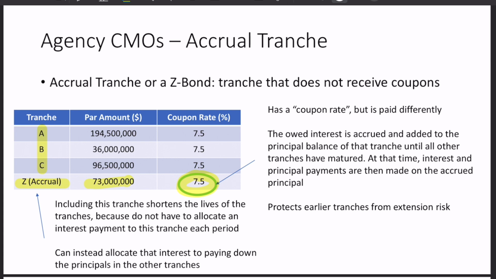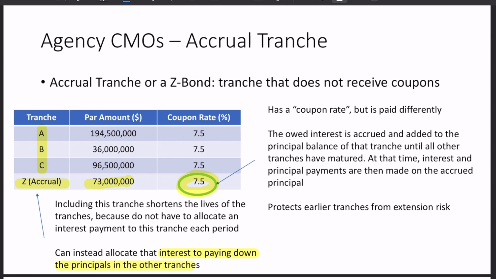So instead of actually receiving the 7.5% coupon each period, or interest, the par amount is going to increase by 7.5%. And where that interest is going to go is that interest is going to go towards paying down the principals in the other tranches.